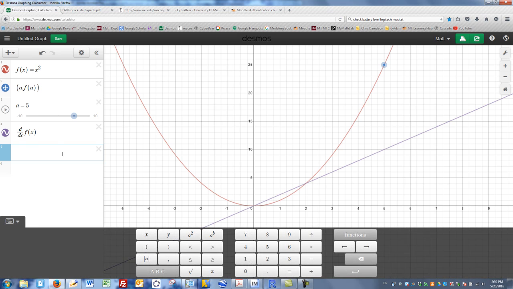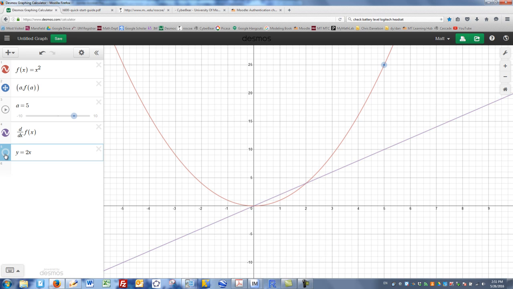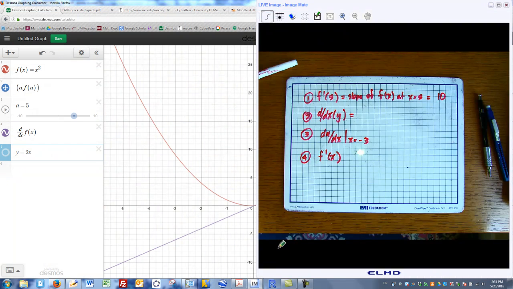And of course, we could check this by just graphing y equals 2x. And there it is. The orange function seems to be on top of the blue function. I'll click it on and off just to make sure you're aware of what I'm doing. So using technology, we were able to find that the derivative of the function x squared is indeed 2x. So let's go ahead and write that down.